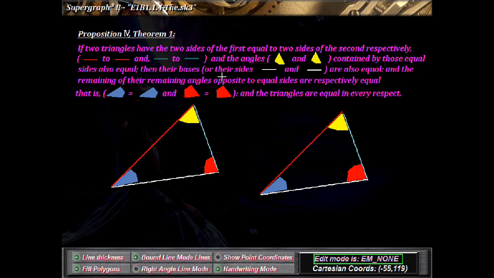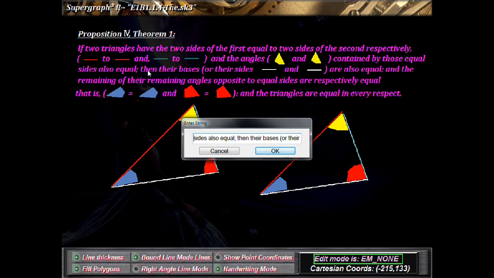Then their bases, or these sides, the whites, are also equal. This is the conclusion. I should probably put that in a different color, maybe. Also equal.